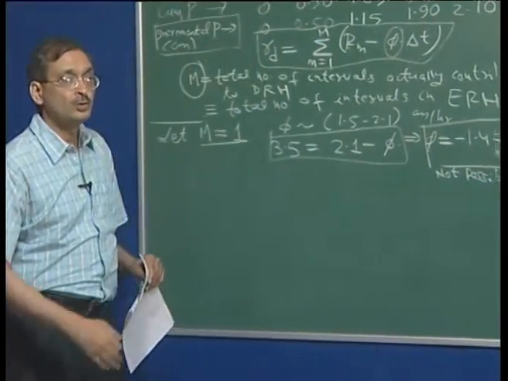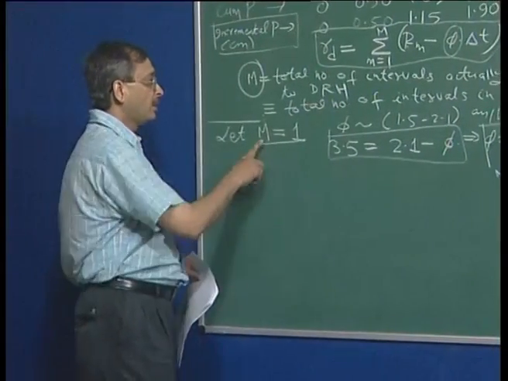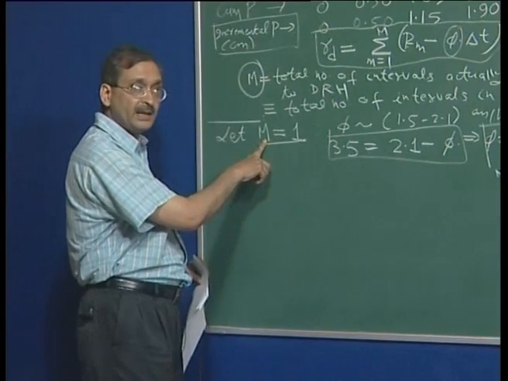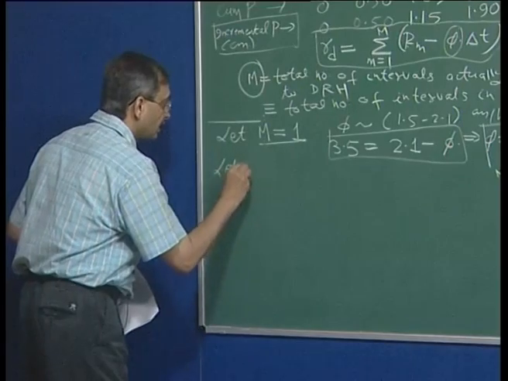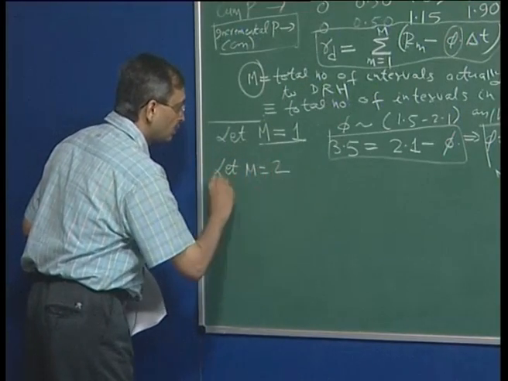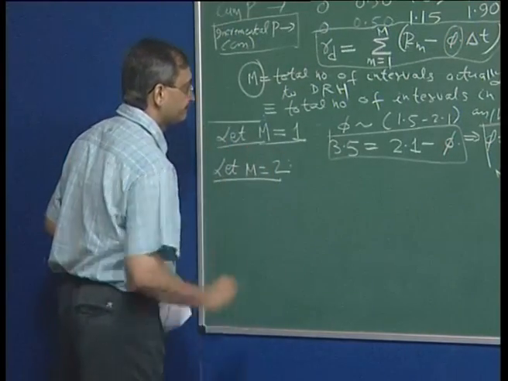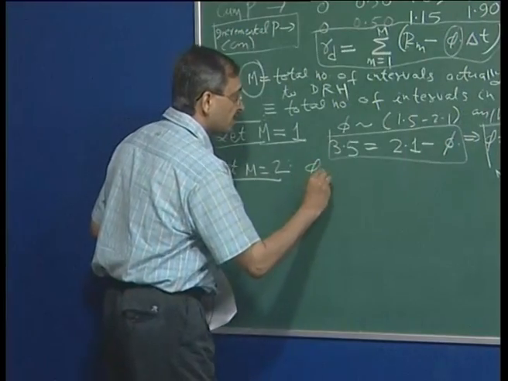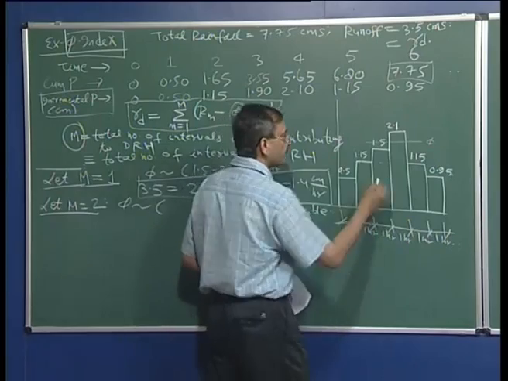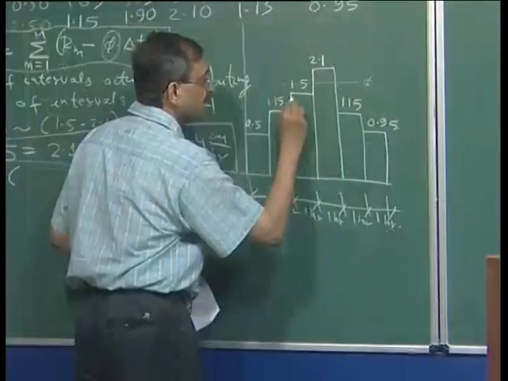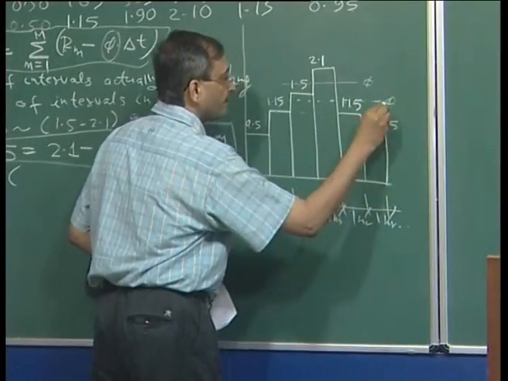Then what do you do? You refine or modify your guess for the capital M. Now you say let your capital M be equal to 2. That means what is your assumption? Now, when you are saying 2, you are trying to draw the phi line here.